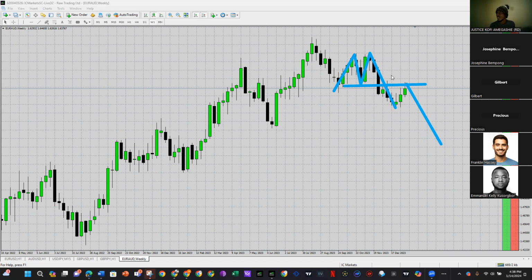Now, for you to determine whether it will drop from where it is, you can use the weekly to know. Because the weekly candle was green, the next one too can be green to this place before a fall can happen. But then let's go to the daily and see what is actually there.